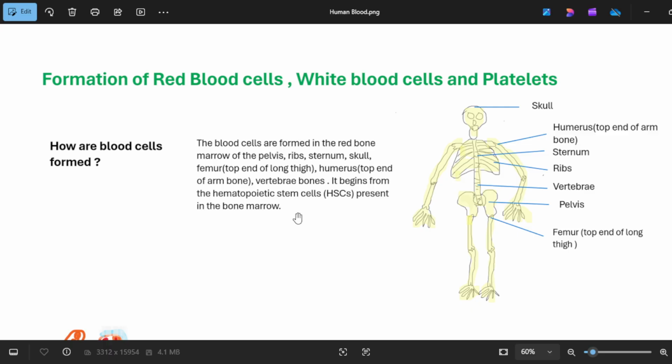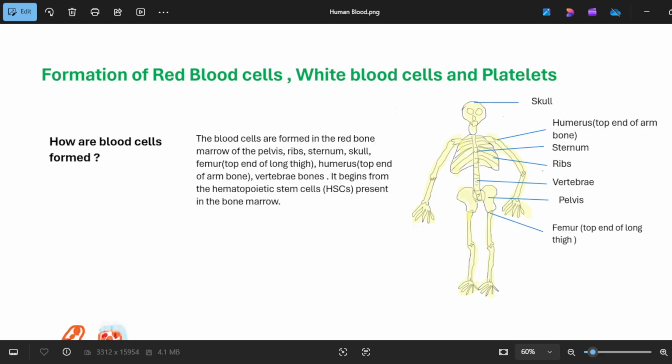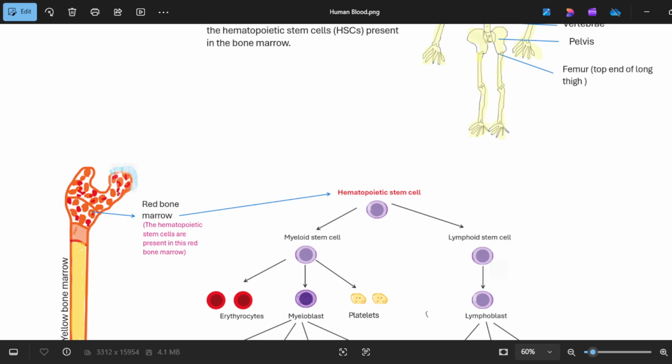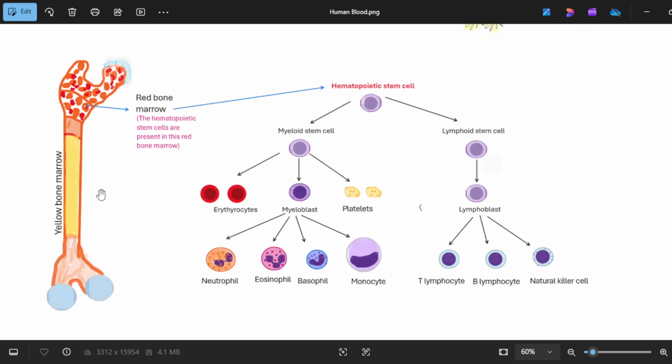If the body orders, I want white blood cells, it can transform itself into white blood cells. So that is the specialty of the stem cells, and these hematopoietic stem cells are present in the red bone marrow, which we have seen now. Now we will see what happens. So see, this is the bone and the red bone marrow is present here. This is your yellow bone marrow and these stem cells are present in this red bone marrow.